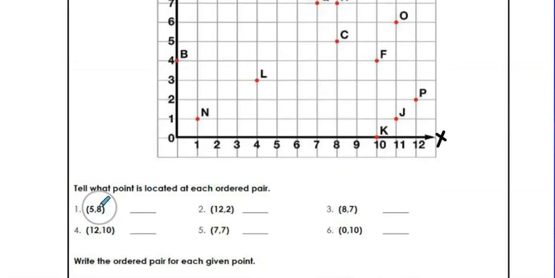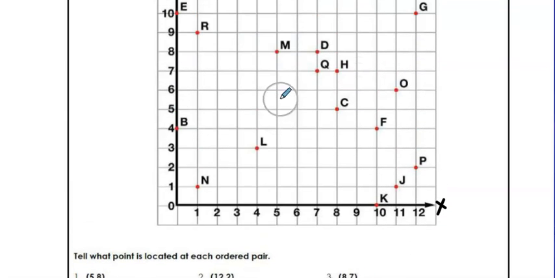So if we're going to go over to 5, I'm going to go along the x-axis, 1, 2, 3, 4, 5. So I'm looking here at 5. And then I'm going to go up to 8. And you'll notice that at 5, the letter right above 5 is M, and across from 8. So the point that is at 5, 8 is M.